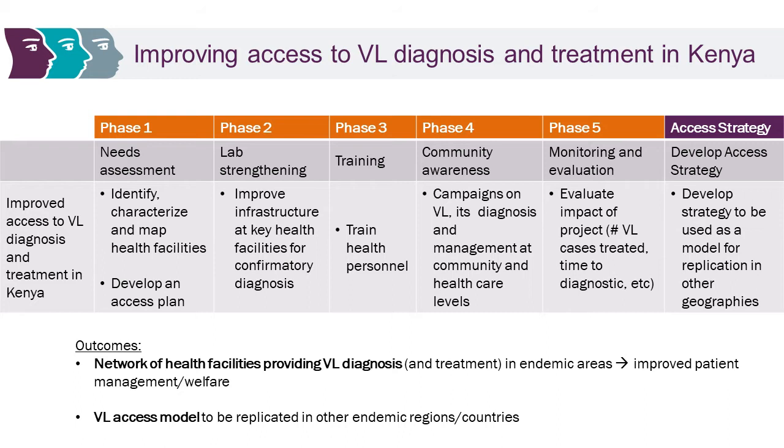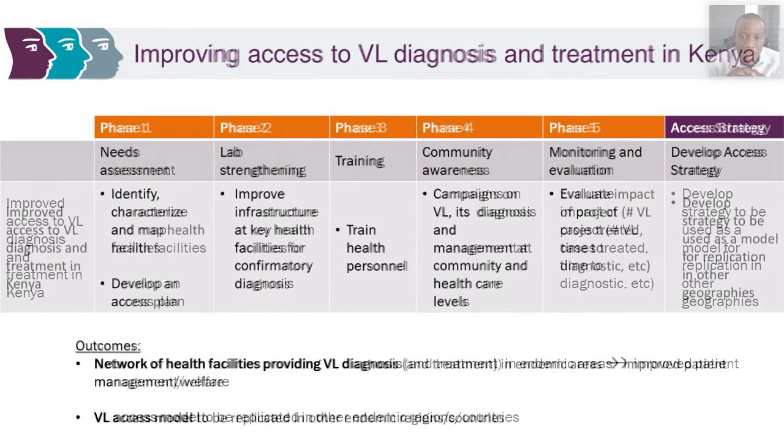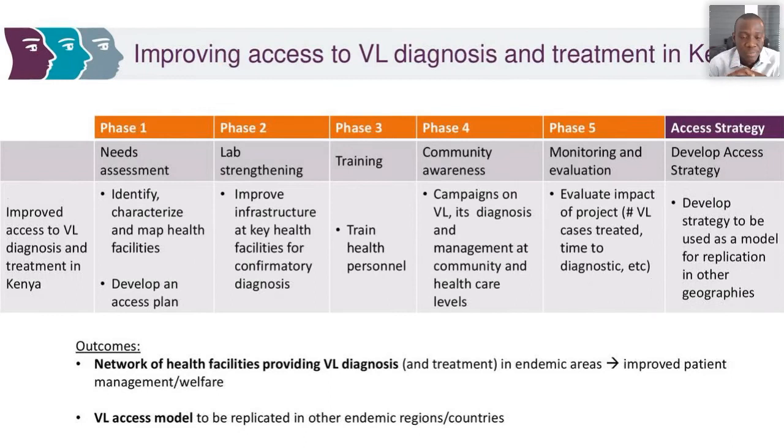We supplement these activities with community awareness and behavior change communication. And finally, we do monitoring and evaluation. Basically, we aim to have a network of health facilities that provide diagnosis and treatment in endemic areas, thereby improving patient management and welfare. Also, one of the aims is that at the end, we can have a VL access model that can be replicated in other countries within the region.